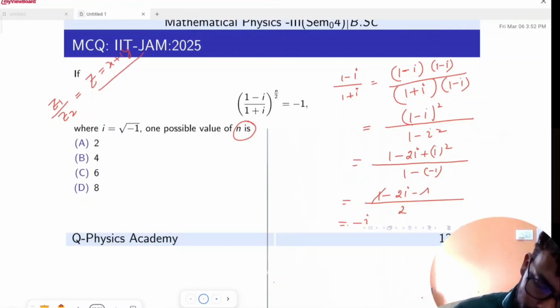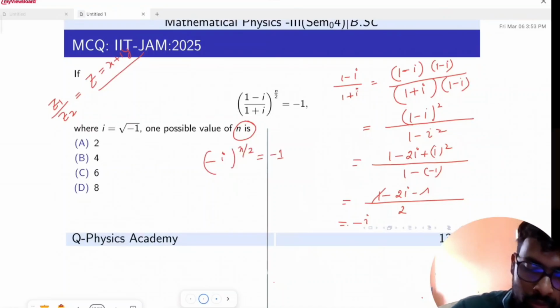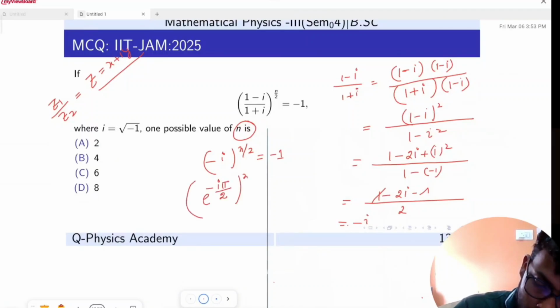So now, okay, so what do you get? Minus I whole to the power n by 2 equals minus 1. So minus I is nothing but e to the power minus I pi by 2, whole to the power n by 2, and minus 1 is equal to e to the power I pi.